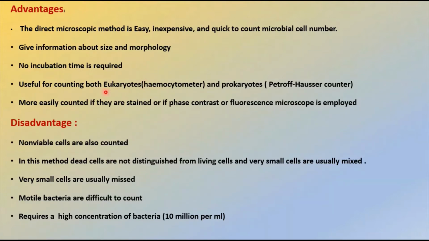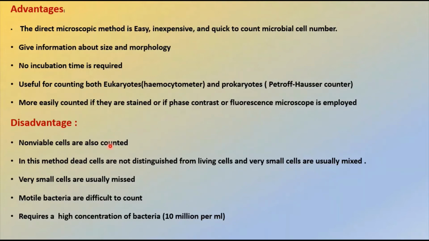This is mainly useful for counting both eukaryotes by the hemocytometer and prokaryotes by the Petroff-Hausser counter. And we can count the bacterial cells more easily if they are stained, or if phase contrast or fluorescent microscopy is employed. So these are all the advantages of our direct microscopic counting chamber.